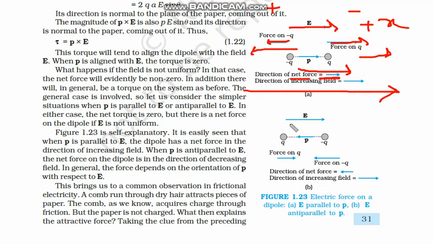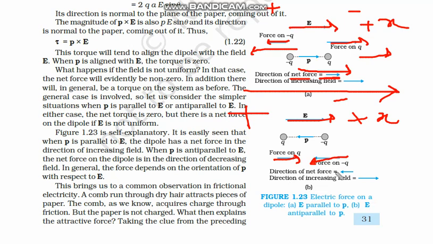Okay, now the direction of the field is still in positive x, but this time the negative charge is on the right side and the positive charge on the left side. So this is positive, this is negative, so this will repel, and this will attract toward this.